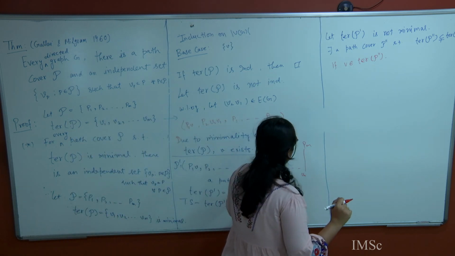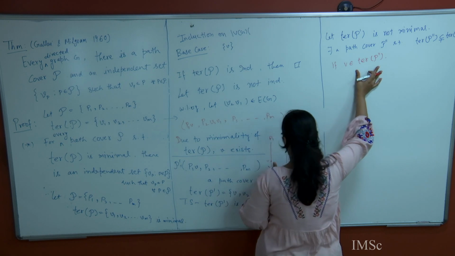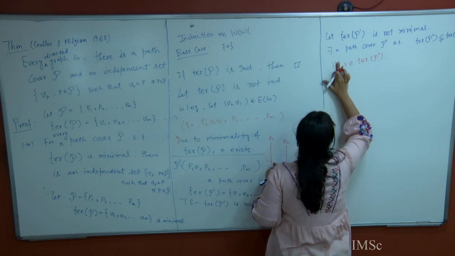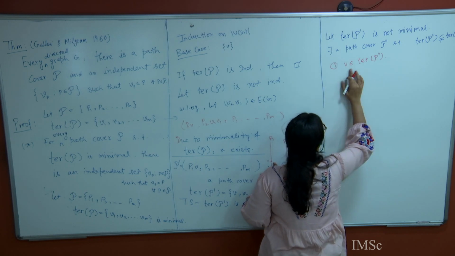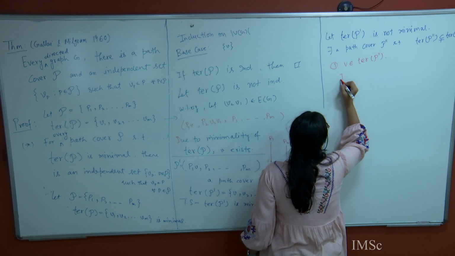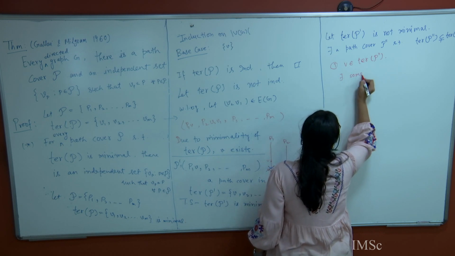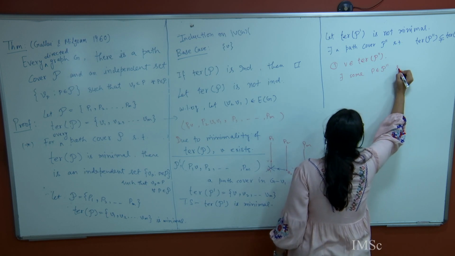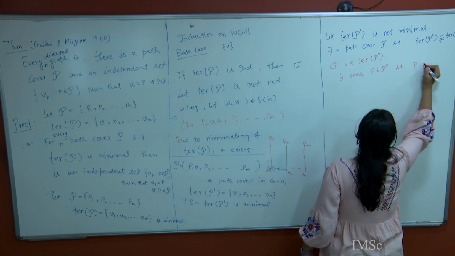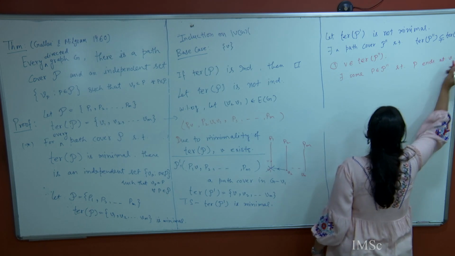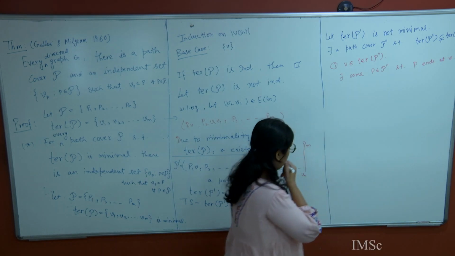Because V is in the terminal set of P double prime, this is my case 1, when V belongs to terminal of P double prime. It means that there exists some path P in P double prime such that P ends at vertex V.